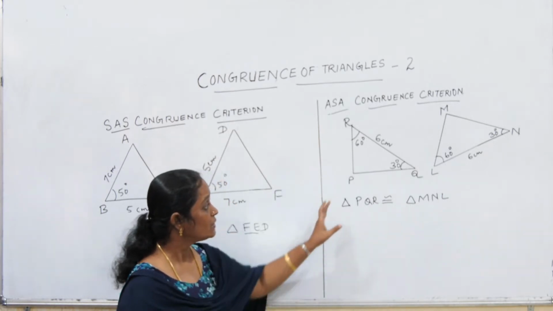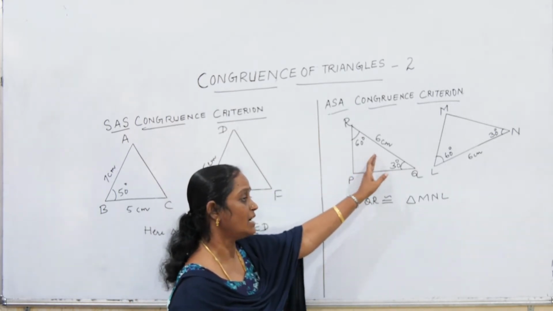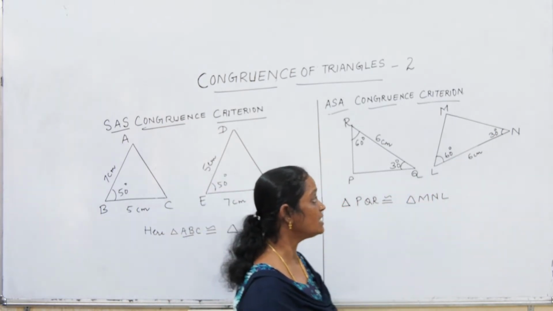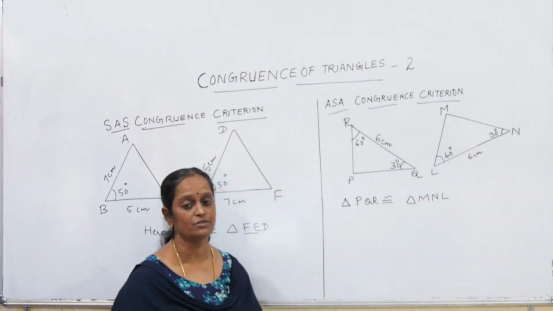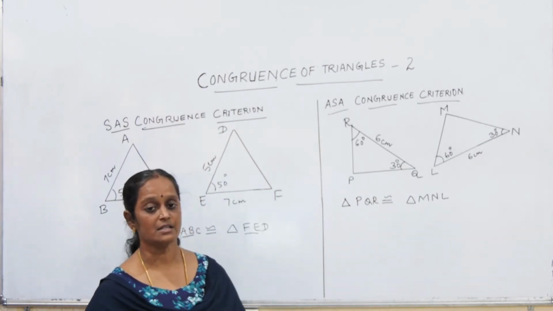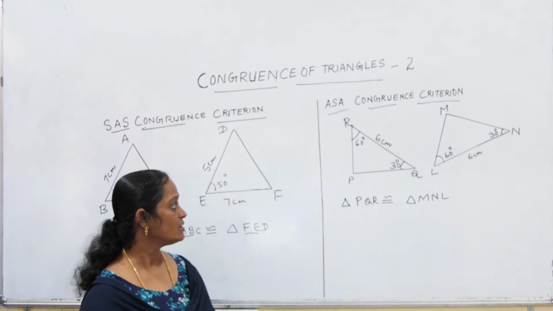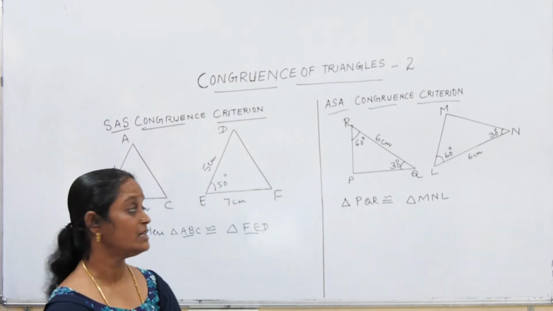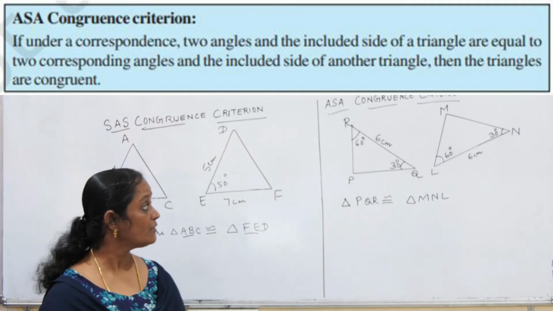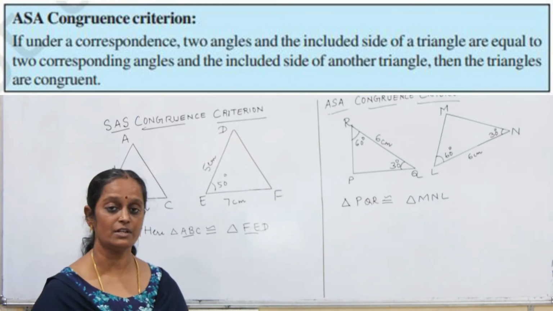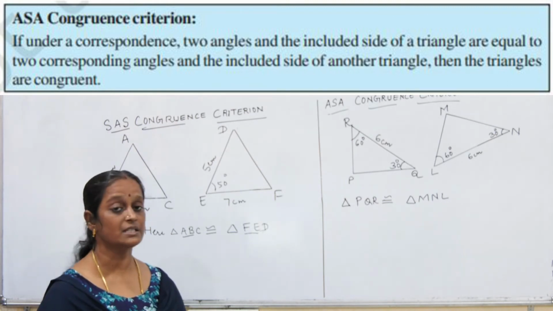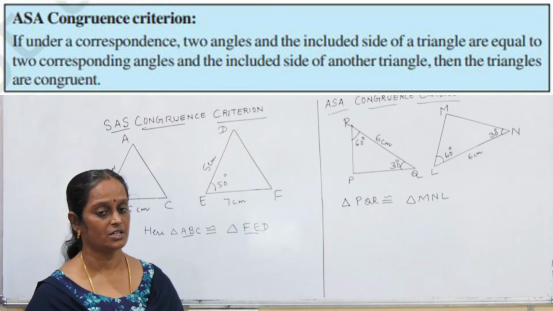So these two triangles are congruent by the angle side angle congruence criterion. According to angle side angle congruence criterion, two triangles are congruent if two angles and the included side of one triangle are equal to the two angles and included side of another triangle.